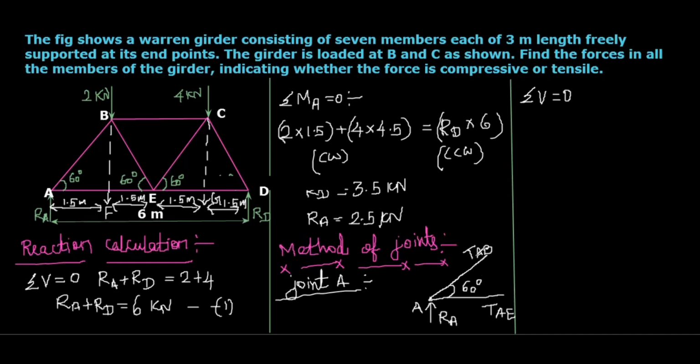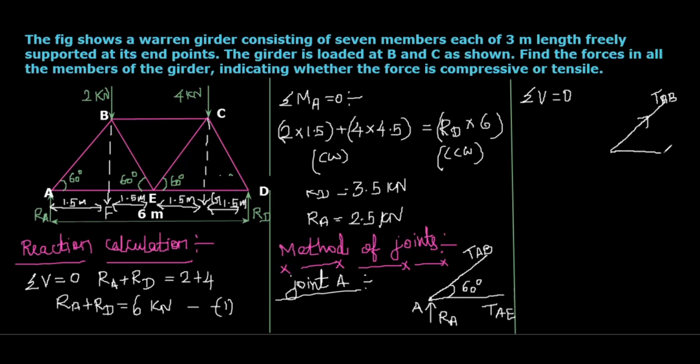For TAB, there are two possibilities. I am going to mention both for the first joint to understand it very clearly. Possibility 1: if the tension in the member acts away from the joint A, outwards, it will act in the first quadrant.